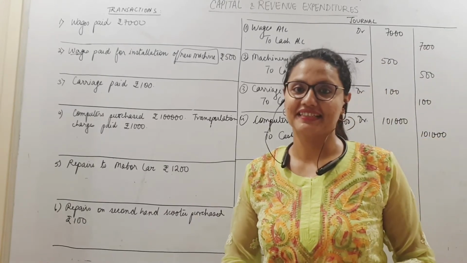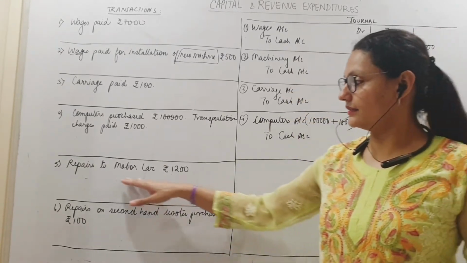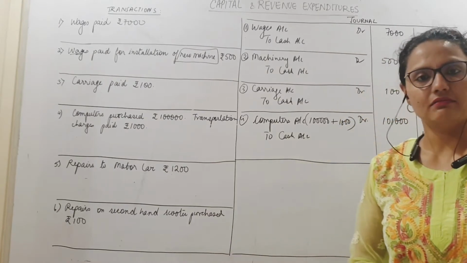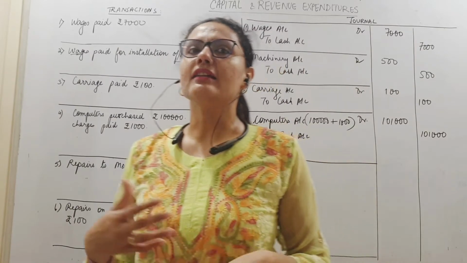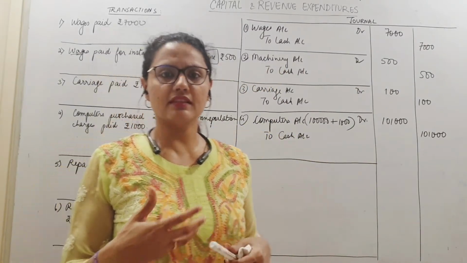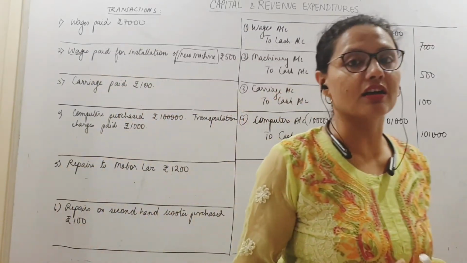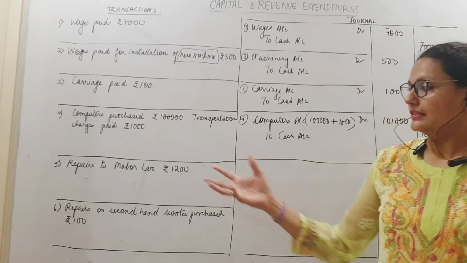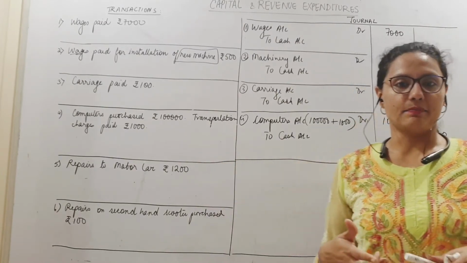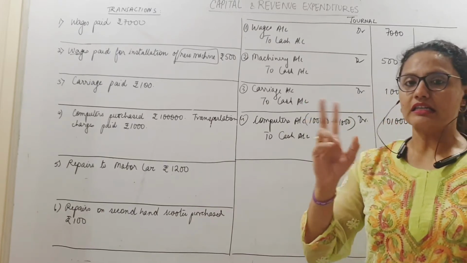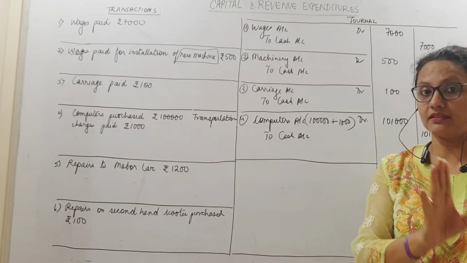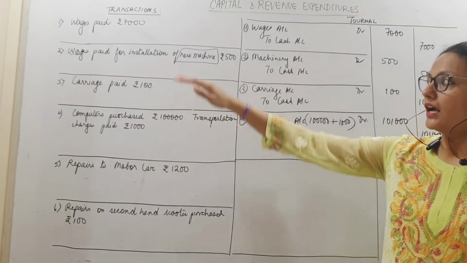But did I say that this is a new motor car I purchased? When I am using an asset, related repairs are regular. These are repairs and maintenance charges. So this is a recurring expense. I would make a clear distinction here. And remember this, keep it in mind.